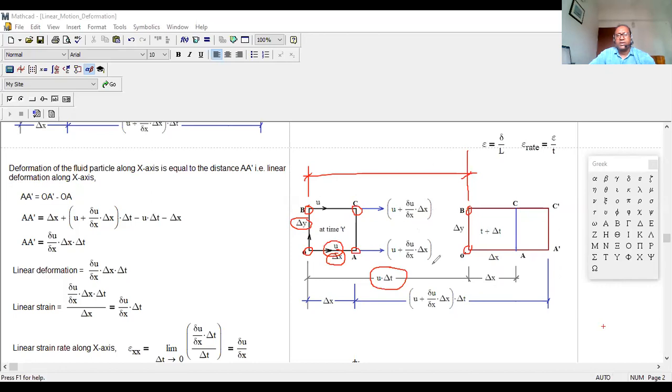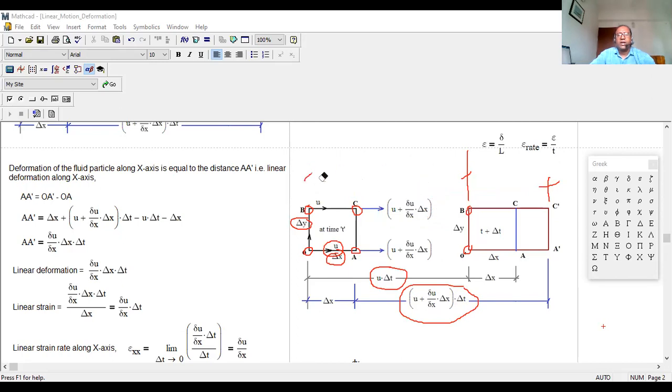Now, it traveled from where? This line was originally at this point, but it traveled over here. So how do we get this distance? Obviously this velocity times delta t, which we are showing over here. Now, our intention is to figure out the deformation.